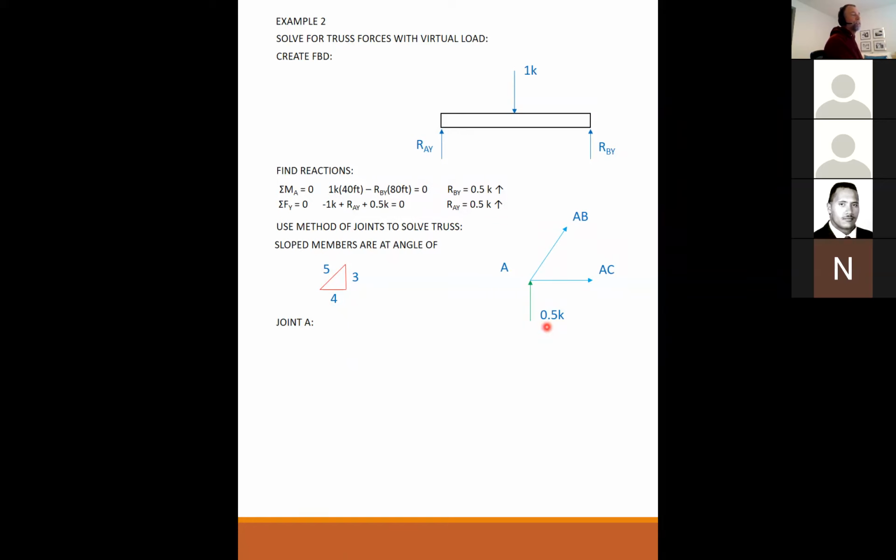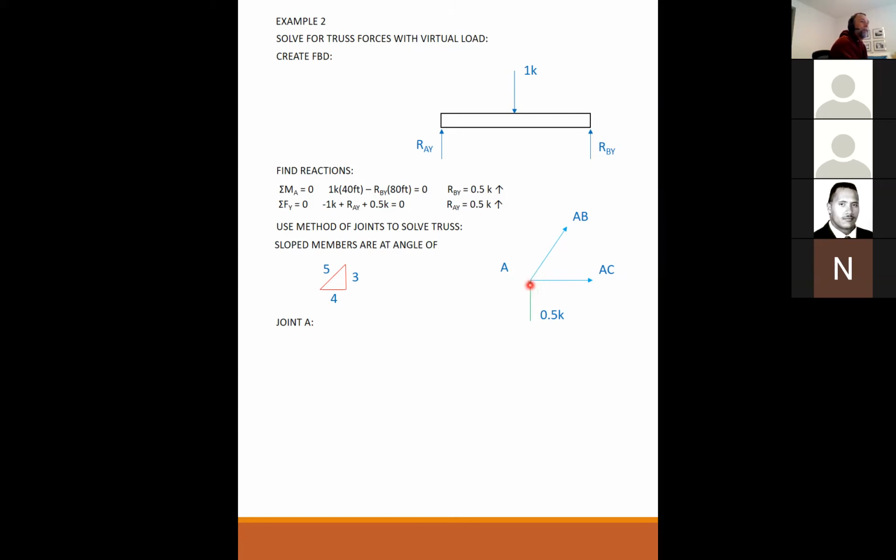So the method of joints is always you start at a joint, usually one that has a reaction, and you draw in all of your unknown truss members in tension. So you always draw them pulling away from the joint in tension, because remember, tension is positive, and if you get a negative, then you just know that it's the opposite, and you have compression, not tension.